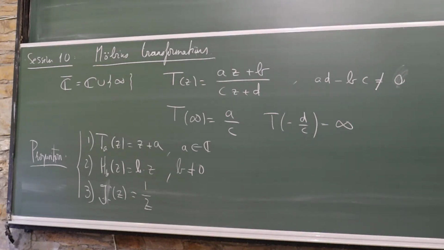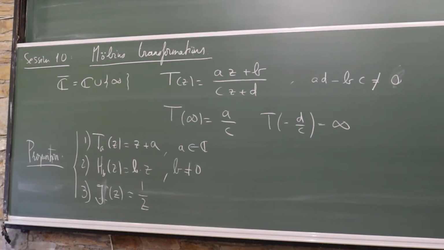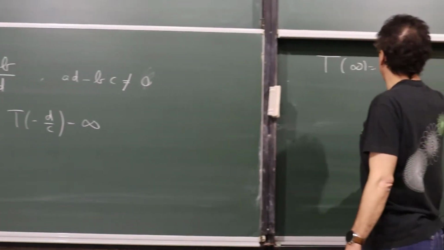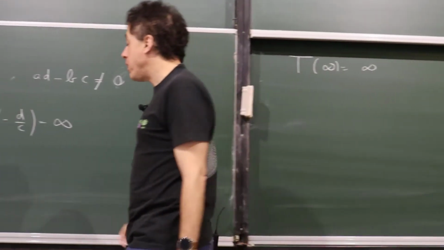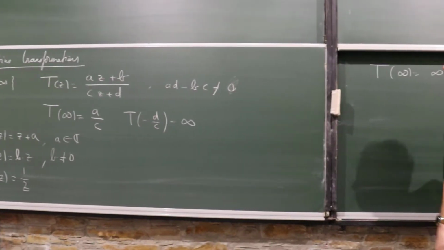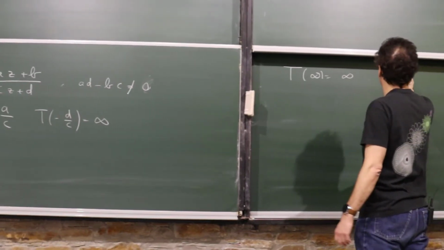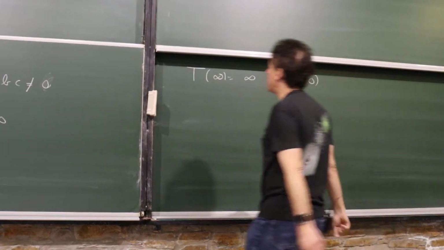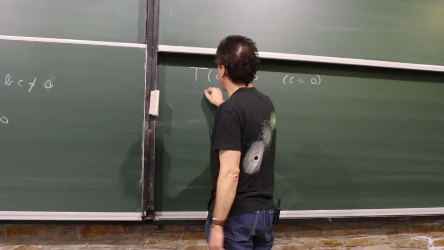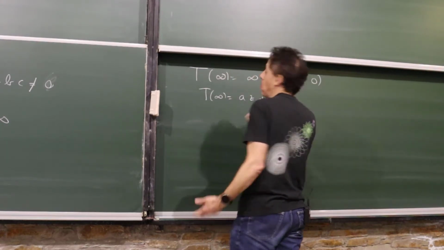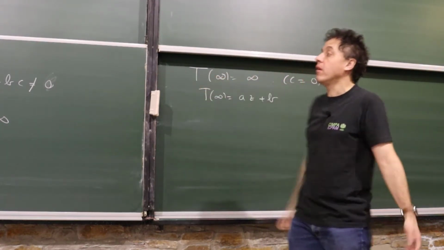How can you do that? Take any Möbius transformation, T, for instance. Assume first that the image of infinity is the point infinity. This means that C is zero, in fact. So such a transformation, if taking infinity to infinity, must be written like this: AZ plus B, where in the denominator we only have a constant.